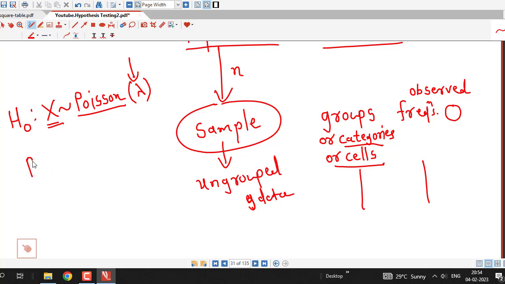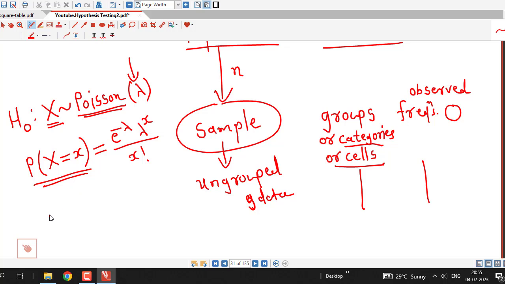That means we can find the probability that our distribution takes different categories, using the probability mass function of the hypothesized population. Here I have assumed that X follows a Poisson distribution, therefore I have written the probability mass function for the Poisson distribution. These are called expected probabilities, and if we multiply these probabilities by the total number of observations in the sample, we obtain expected frequencies.